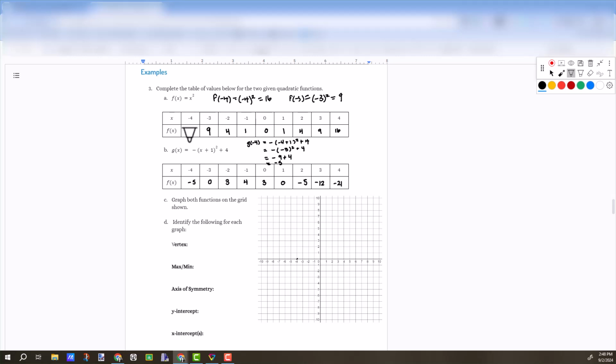So it's going to be kind of like about there. The next one is -3 and 9. Well, I definitely can get that one in. And then -2 and 4. We can definitely do that one. And -1 and 1. 0 and 0. 1 and 1. Notice the pattern happening. And then this one is going to be somewhere off the charts right here.